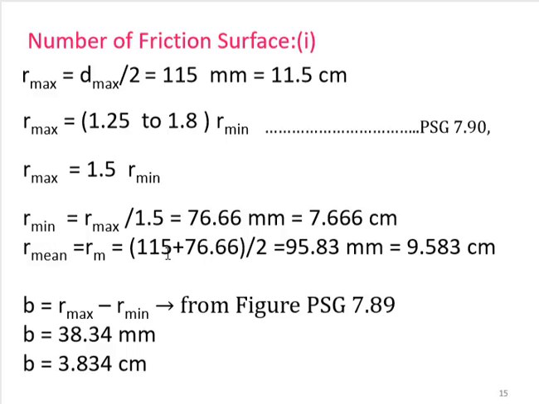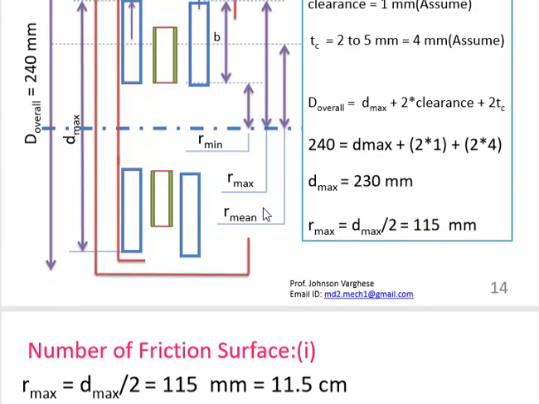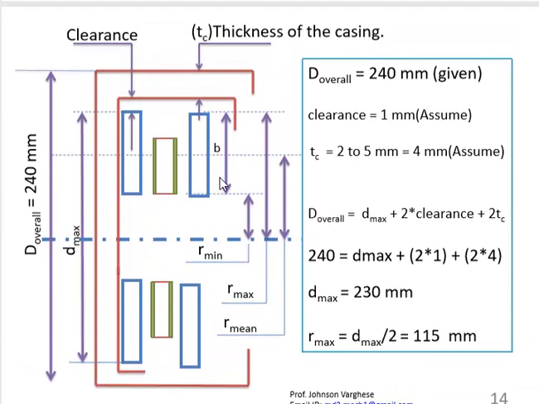Now R mean is the average of R max and R minimum. Now we would like to know small b. We look into the figure and you can see the distance of one side. This particular clutch box is symmetric and one side of the clutch plate is given by small b.